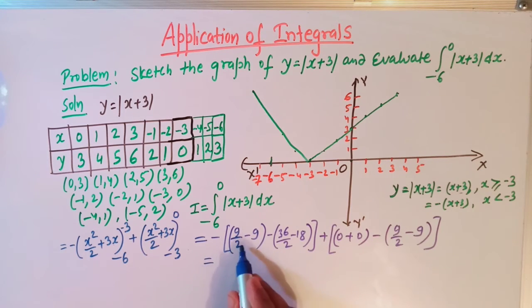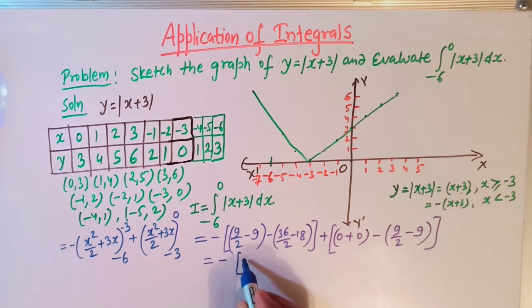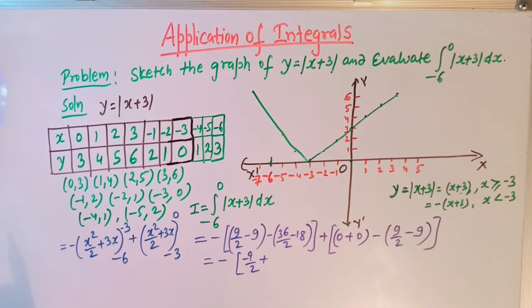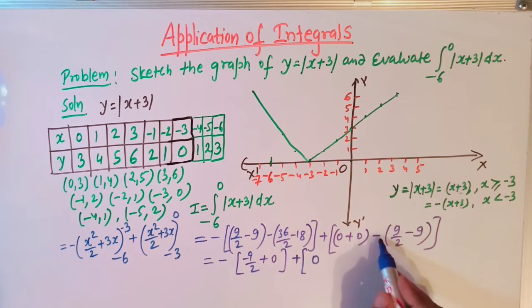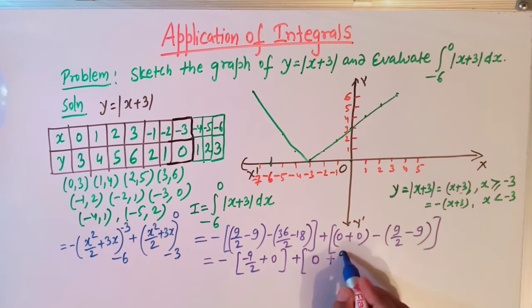Now we simplify this expression. So we have minus 9 by 2, and this is plus 36 by 2, and this term becomes 0, this term becomes 0, and then we have here 0 and minus, 2 9s are 18, 9 minus 18 is minus 9, so this becomes plus 9 by 2.